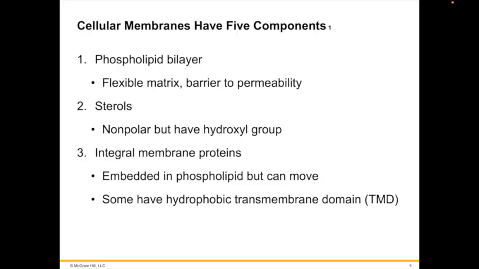Phospholipid bilayer: every cell membrane is composed of phospholipids in a bilayer. The other components of the membrane are embedded within the bilayer, which provides a flexible matrix and at the same time imposes a barrier to permeability. Animal cell membranes also contain cholesterol, a steroid with a polar hydroxyl group too. And then plant cells have other sterols but no cholesterol.